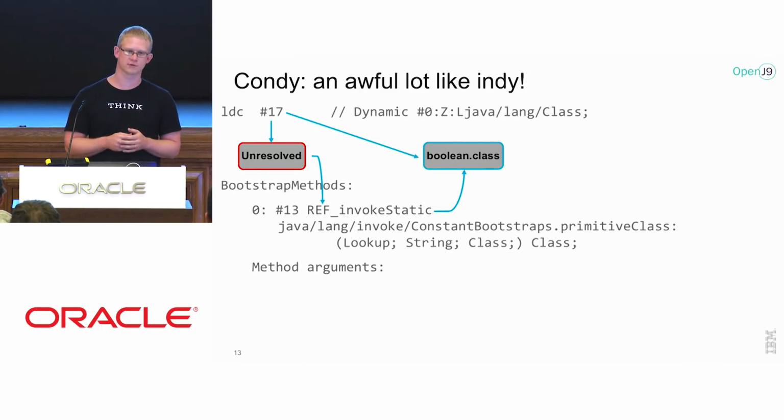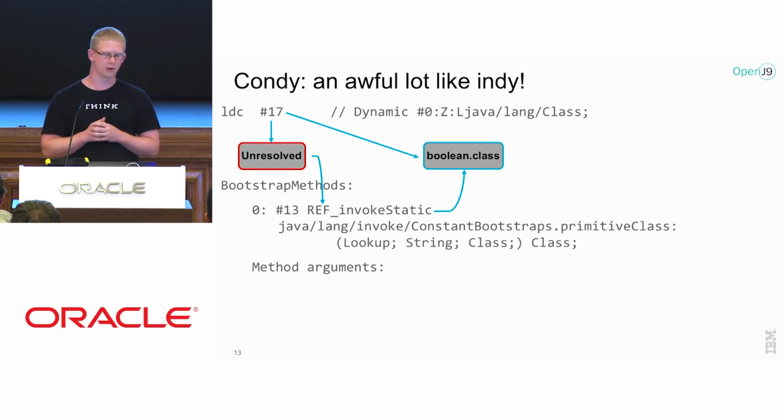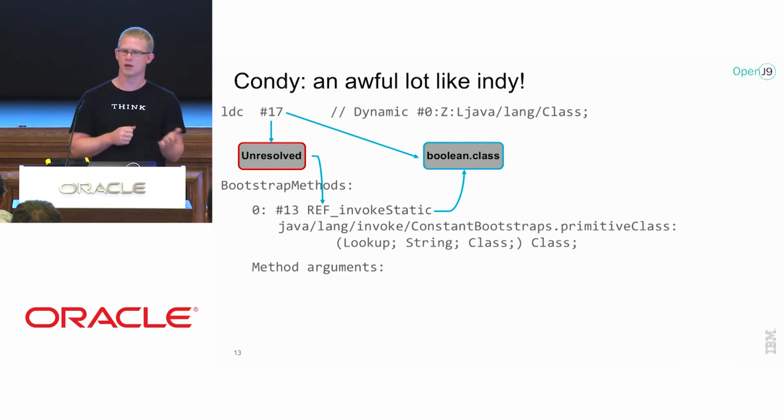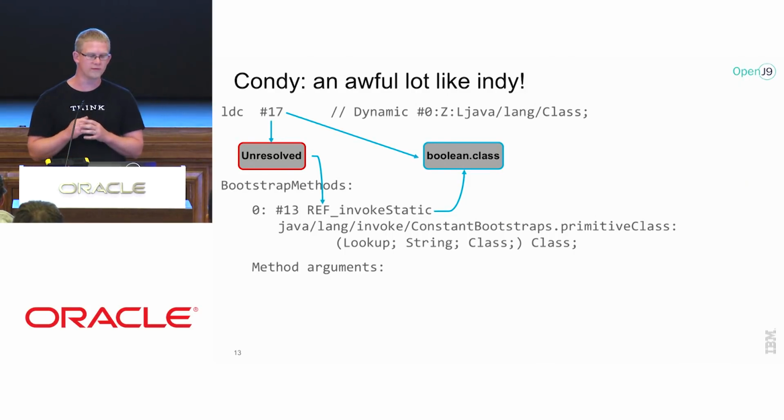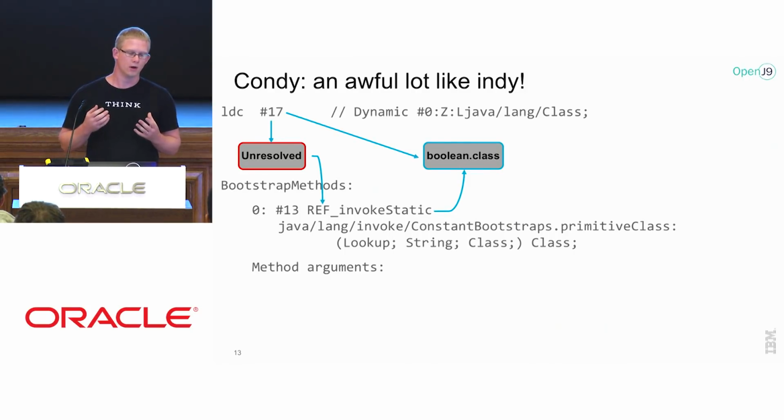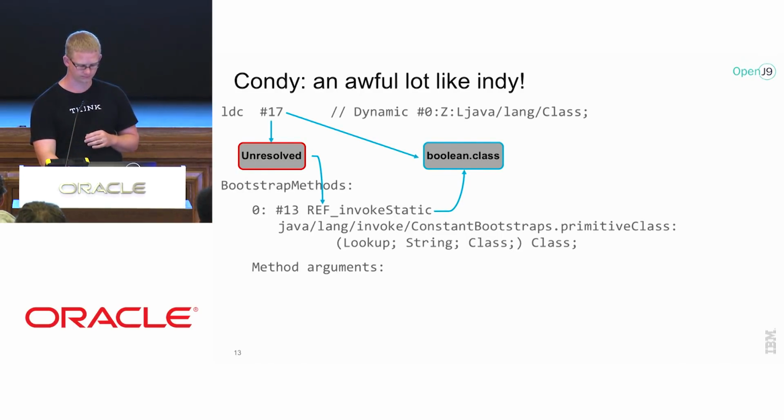It's unresolved the first time we use it. We call in to link it and run the user-supplied code, and out of this we get some constant. In my case, it's boolean.class, which is a primitive class, which you can't normally encode in the constant pool. And then my LDC is linked to that permanently. So we've opened up the door to users being able to put anything they want in the constant pool.